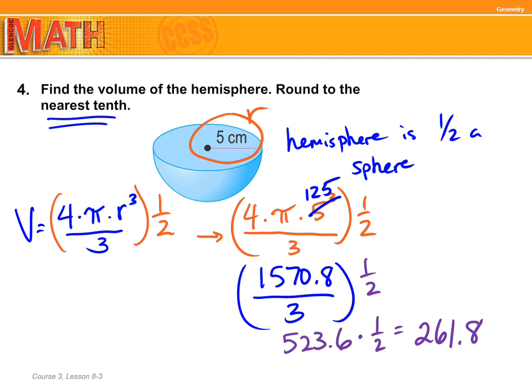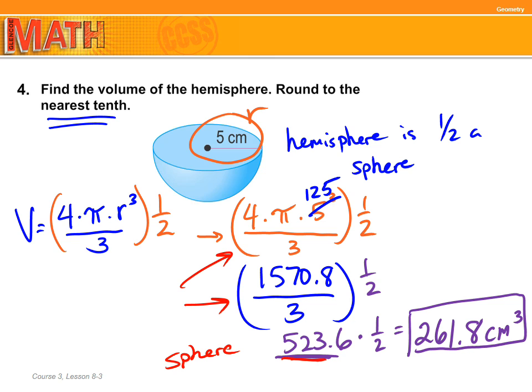Rounded to the nearest tenth, and we have cubic centimeters. So remember, the answer I got here is for the sphere, because I used the formula. But because the hemisphere is half of it, that's where we multiply by 1/2 to get 261.8 cubic centimeters.